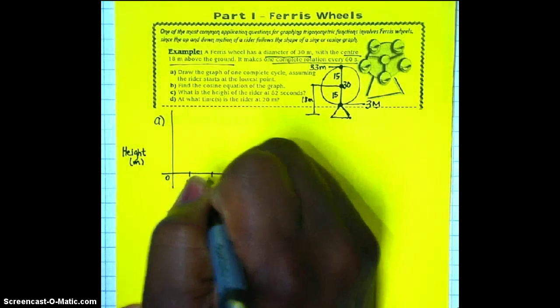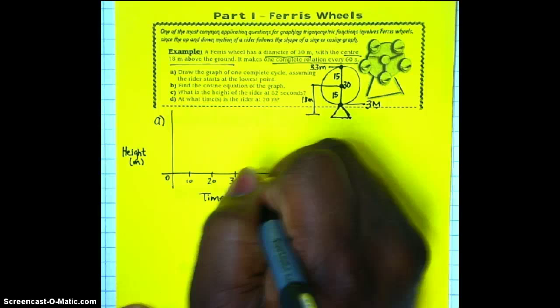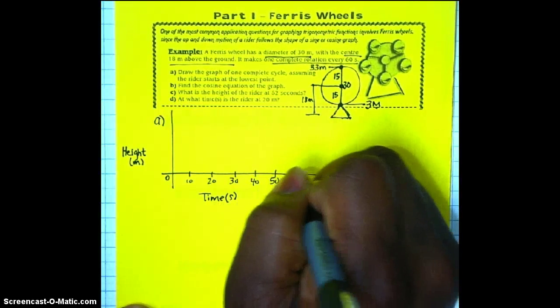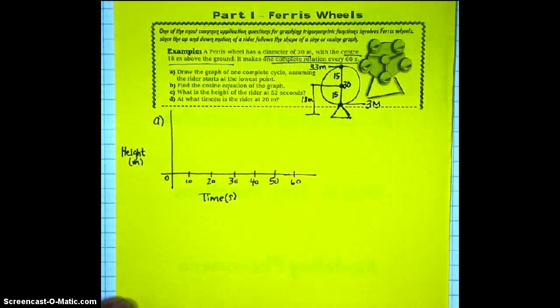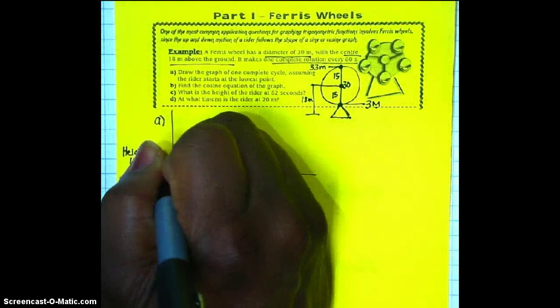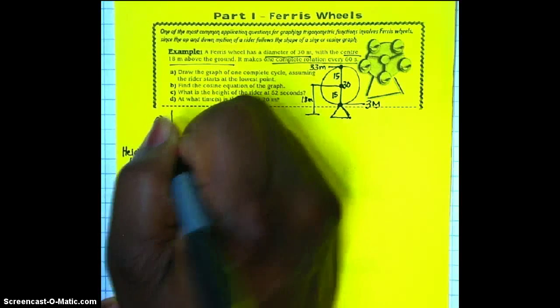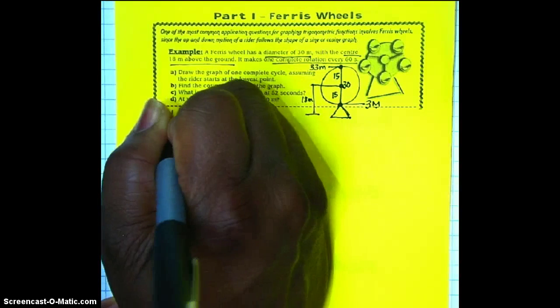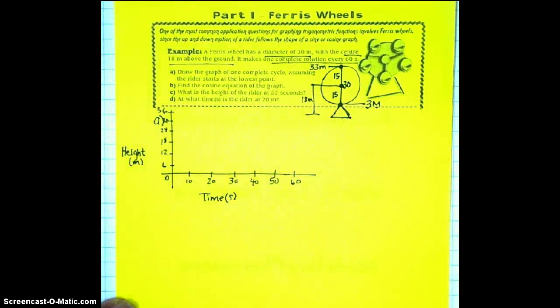So 10, 20, 30, 40, 50. Need a little more room here for 60. And I'm going to scale the vertical axis to 40 or to 36 really, by 6s. So it's going to be 6, 12, 18, 24, 30, had to squeeze that one in there, and 36.